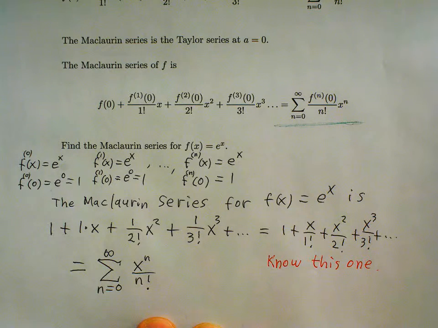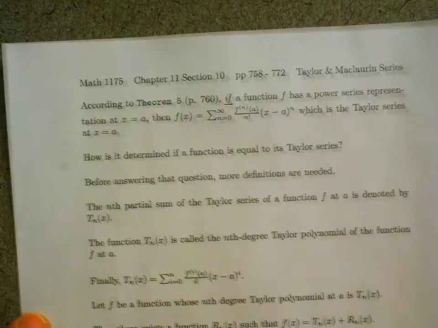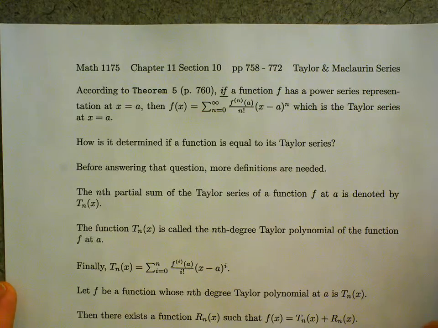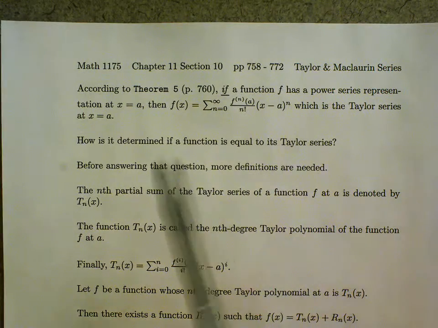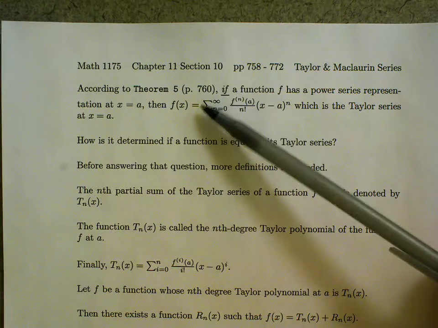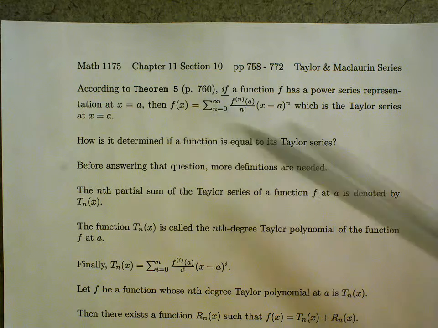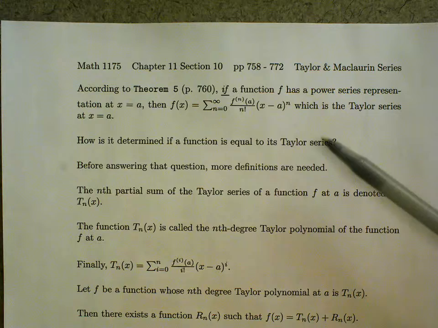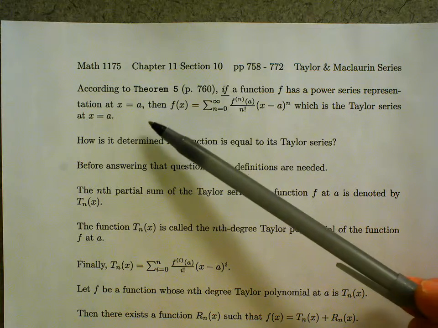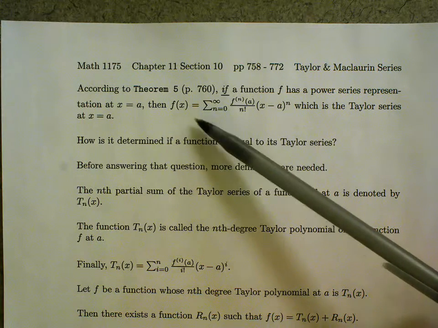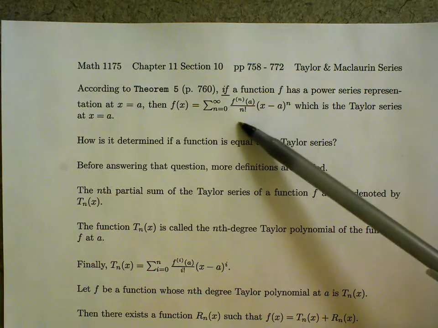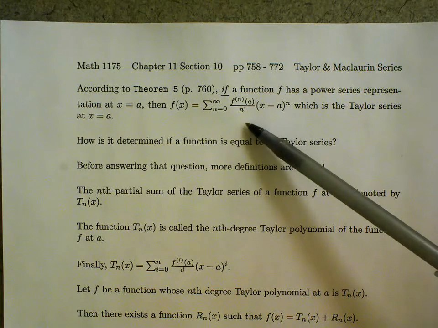Okay, on the next page, according to Theorem 5 on page 760, if a function has a power series representation at x equals a, then f of x is equal to the Taylor series at x equals a.